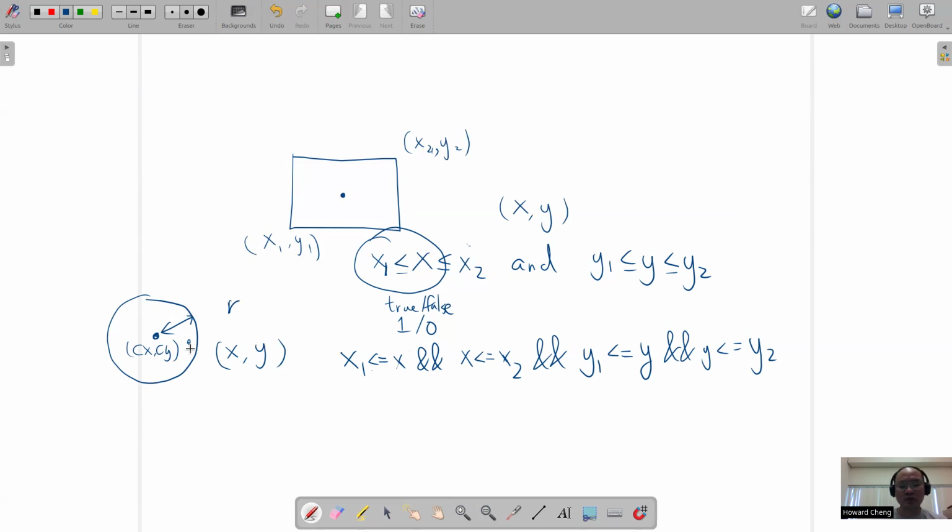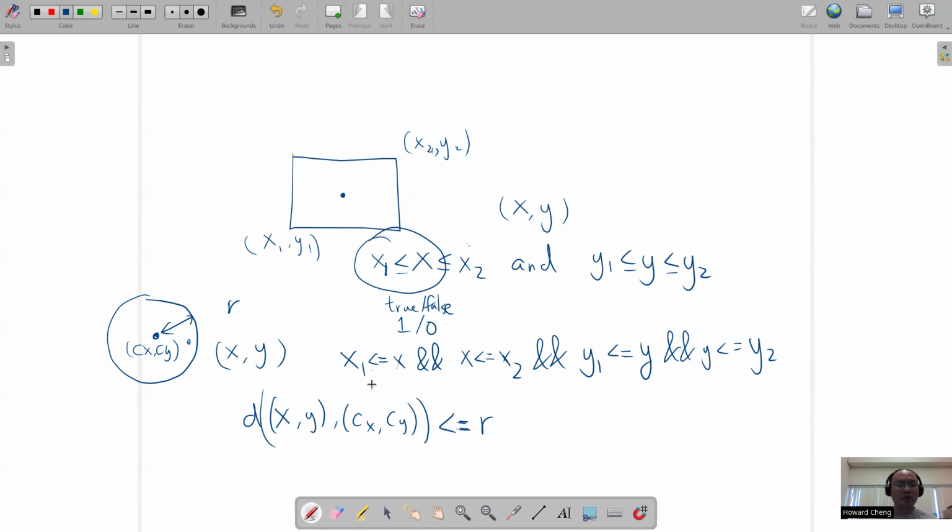All the points inside the circle satisfy that the distance between the point and the center is less than or equal to r. That's what it means to be in a circle. It has to be equals because you could be on the boundary.